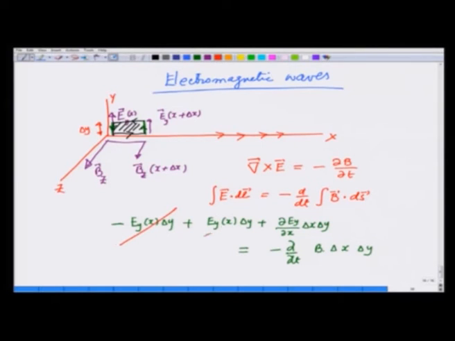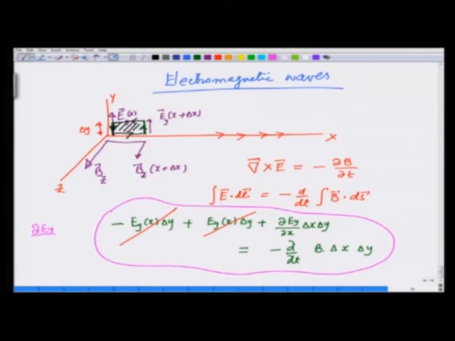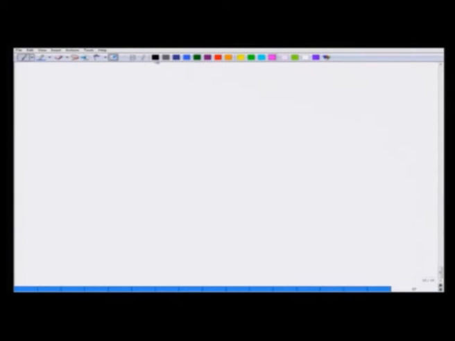This cancels with this, and I end up getting partial E y partial x is equal to minus partial B, which is in the z direction, partial t, because these two terms also cancel. So, what I am taking is x direction, y direction, z direction.